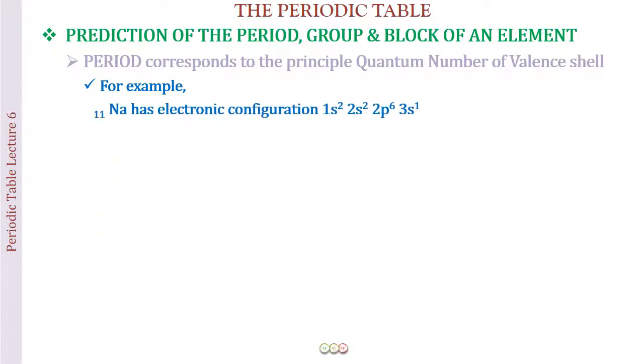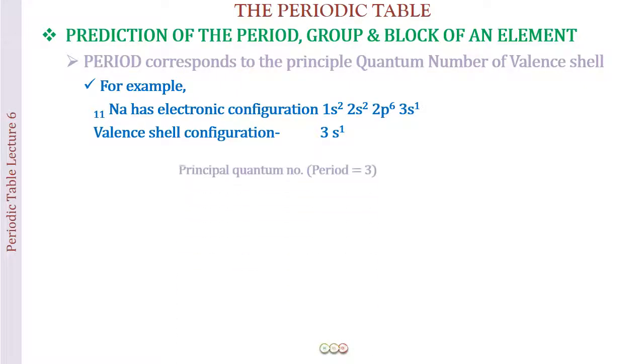For example, we have sodium with the atomic number 11. The electronic configuration of sodium is 1s2, 2s2, 2p6, 3s1. So what is the valence shell configuration? Yes, it is 3s1. So 3 is denoting the principal quantum number of the valence shell, and therefore this is going to be the period of sodium. So sodium belongs to third period.